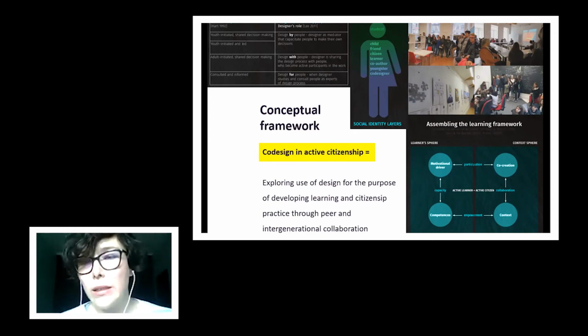In this process, we would explore the purpose of design and how design, in this case co-design, can help build learning and citizenship experiences in peer and intergenerational collaboration. I will not go completely in depth on this topic; you can read about it afterwards in the paper or find it on our website.